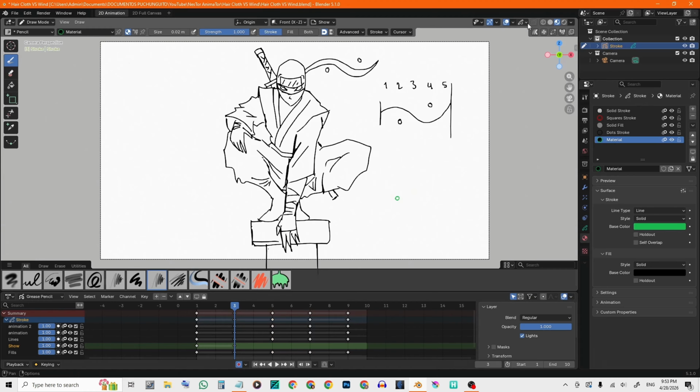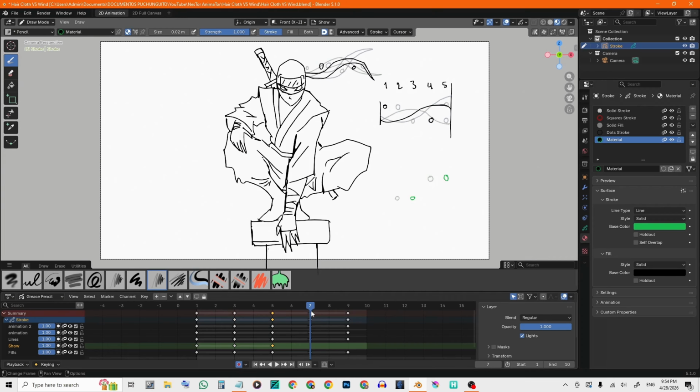Alright, here let me activate the onion skin real quick so we can see what we're doing. Alright, and point 2 moves to position 4, so here it is. And then on the next one, point 1 goes to position 3, and point 2 moves to the last position, 5.